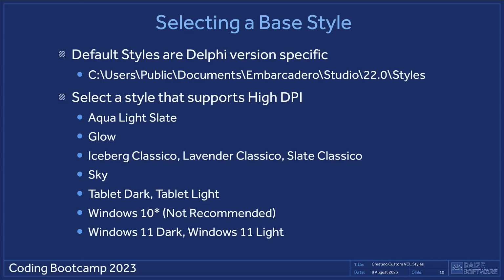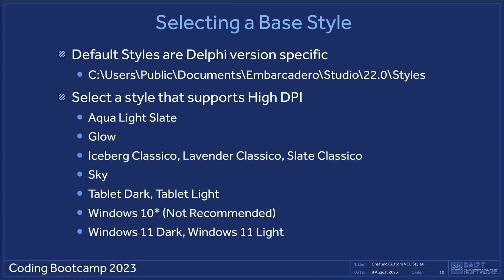So, selecting a base style, what do we want to start with? Default styles are Delphi version specific, so I highly recommend you pick the one for the version you're working with. Generally speaking, styles for version 11, which is 22, will work just fine for 10.4, 10.3, and all the way down.